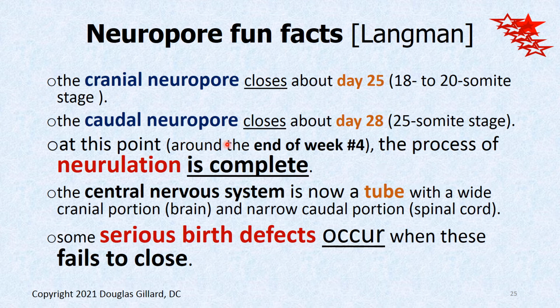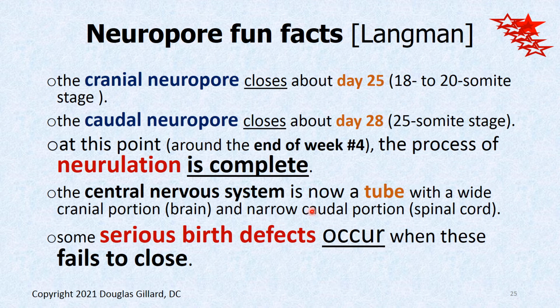And once the caudal neural pore is closed, our process of neurulation is complete. So on day 28, 25 somite stage, and you'll understand what I mean by that later. But that's a very important fact: the caudal neural pore closes last, about day 28. And so now we have our central nervous system basically formed, and it's a hollow tube.